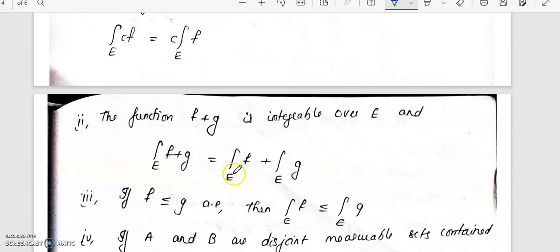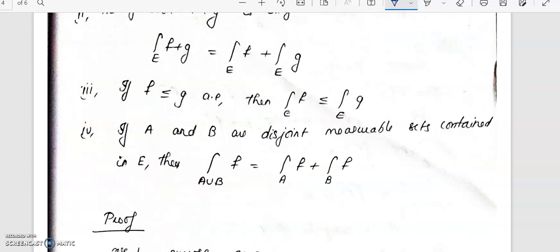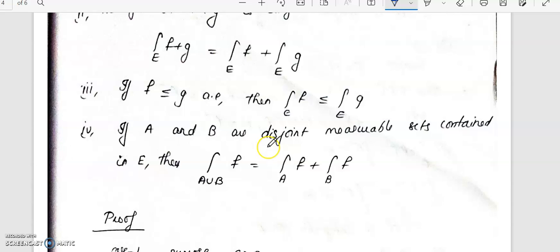So integral f plus g will be integral f plus integral g. And again, if f is less than or equal to g almost everywhere, then integral over E f is less than or equal to integral over E g. ഇനി അതുപോലെ a യും b യും disjoint measurable sets ആണെങ്കിൽ, so integral over a union b f will be integral over a f plus integral over b f.